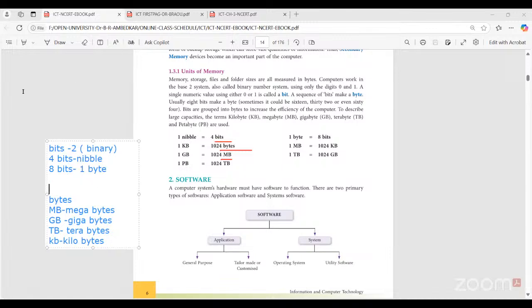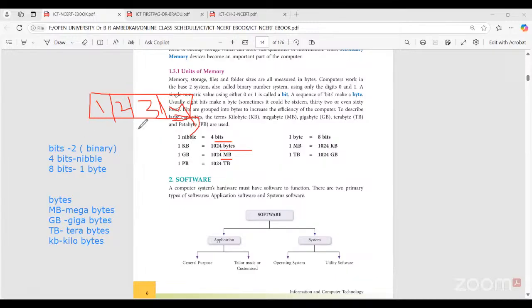I can understand it like this. This is the memory. Here, see, 1, 2, 3, 4. So how many are there? 1, 2, 3, 4. When there are four bits, that is called a nibble. Okay.